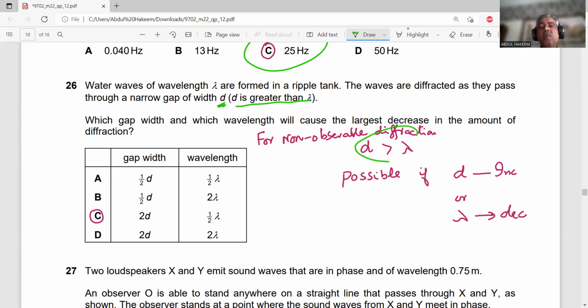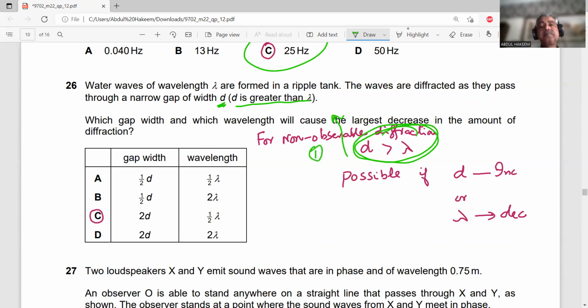So when the opening size D is greater than lambda, definitely there is non-observable diffraction. It's hard to observe the diffraction. Which gap width and which wavelength will cause the larger decrease in the amount of diffraction? We have to make it more non-observable. So definitely we have to increase D.